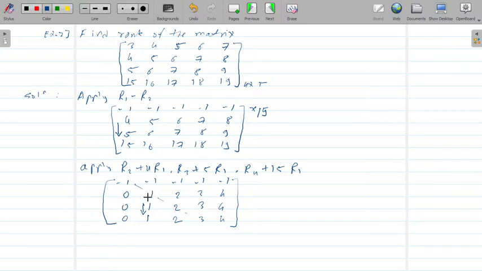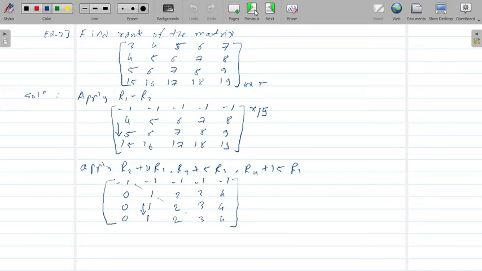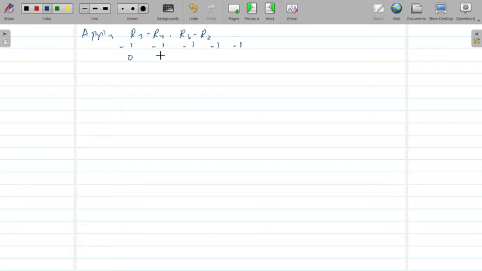The transformations are R3 minus R2 and R4 minus R2. So your matrix is: first row as it is, minus 1, minus 1, minus 1, minus 1, minus 1, then the second row as it is, 0, 1, 2, 3, 4.